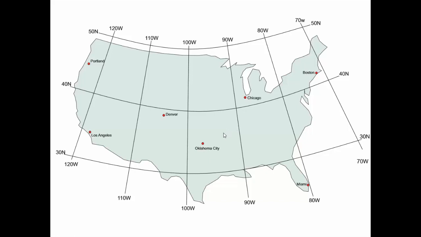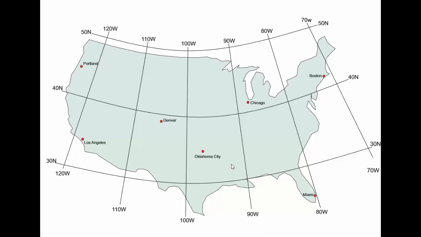So with my finger, I would do an estimate. I would say 95, 96, 97, 98, and then I would give that as my answer. So the correct answer is that Oklahoma City is 35 degrees north by 98 degrees west on the globe.